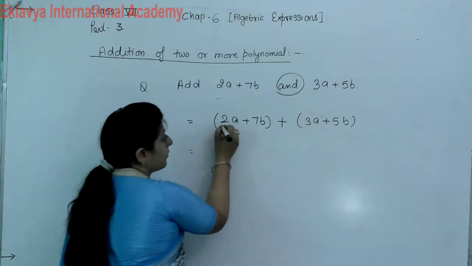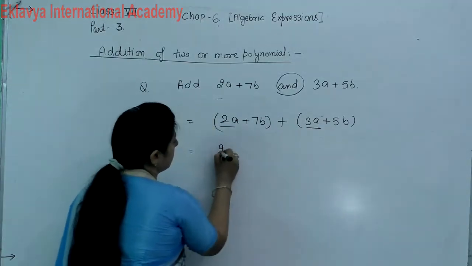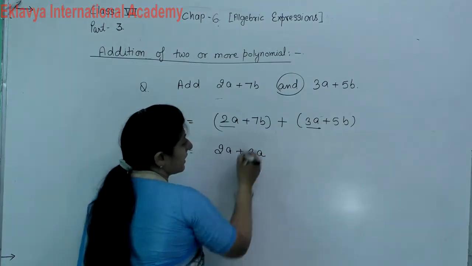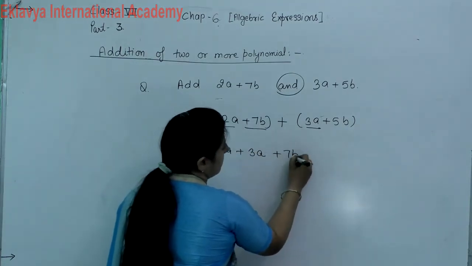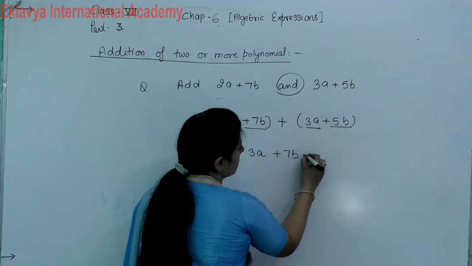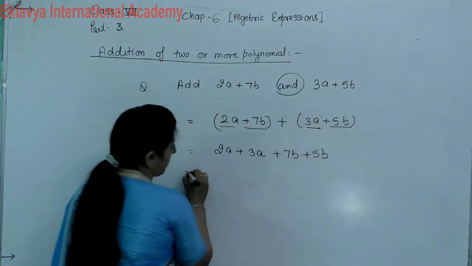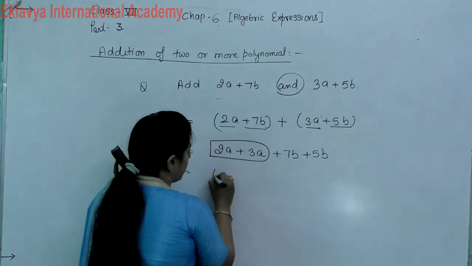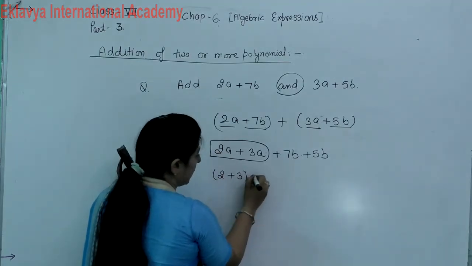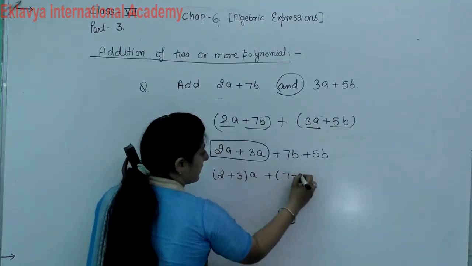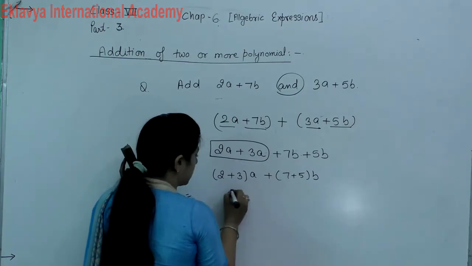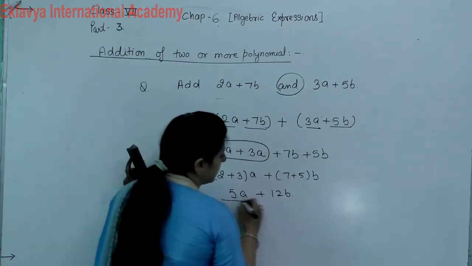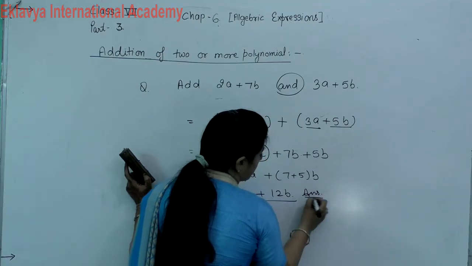Like terms are combined together: 2a and 3a are like terms, and plus 7b and plus 5b. Now 2a plus 3a, 2 plus 3 is 5a, and 7 plus 5 is 12b. Then this is our answer.